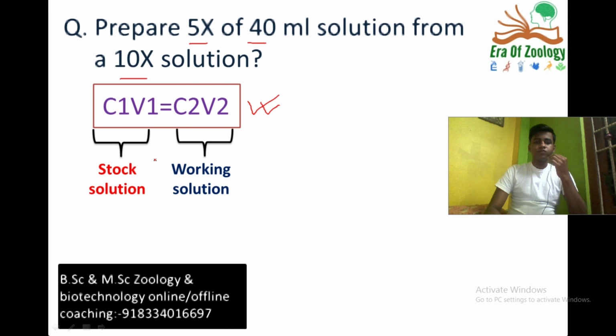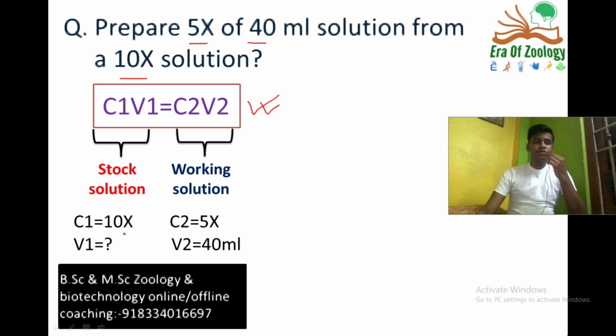This type of problem will help you prepare a particular concentration of solution from another concentration of solution for research or lab experiments. Here, C1 is the concentration of the stock solution and V1 is the volume of the stock solution, and C2 is the concentration of the working solution and V2 is the volume of the working solution.